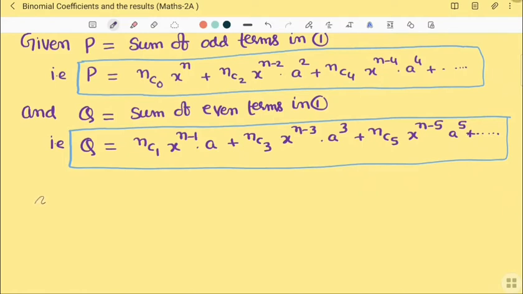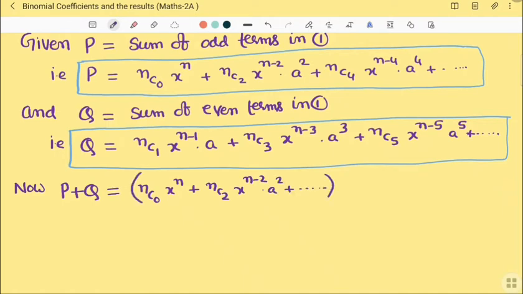So now, P plus Q is equal to, adding these two values: nC0 x power n plus nC2 x power n − 2 a square, plus and so on, plus Q value nC1 x power n − 1 a power 1, plus nC3 x power n − 3 a power 3, plus and so on.